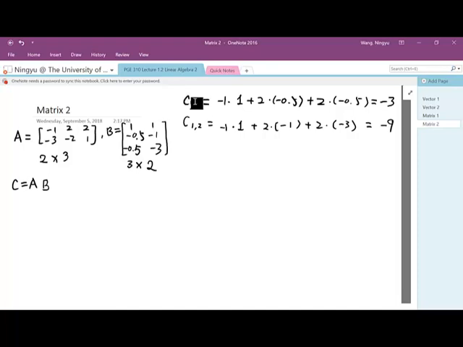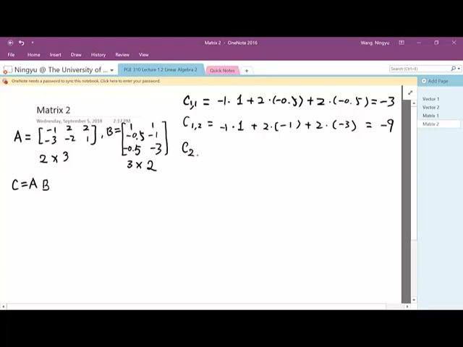And so what is C11? C11 is the element in the new matrix C in the first row and first column, and C12 is the first row and second column. Do we have a third row? Do we have a third column? No, we don't. It's a 2 by 2 matrix.